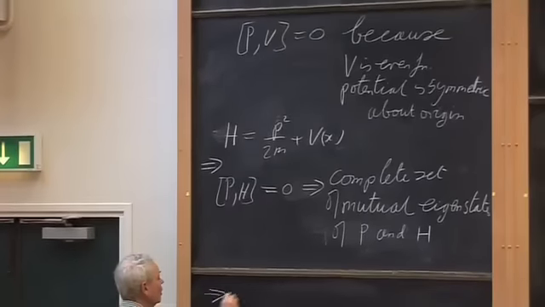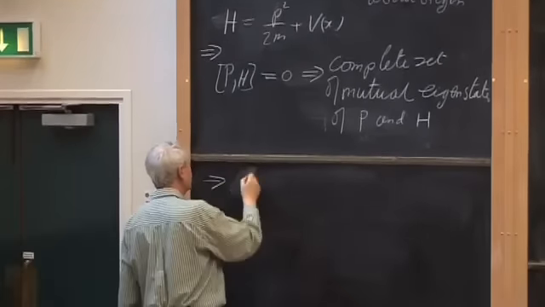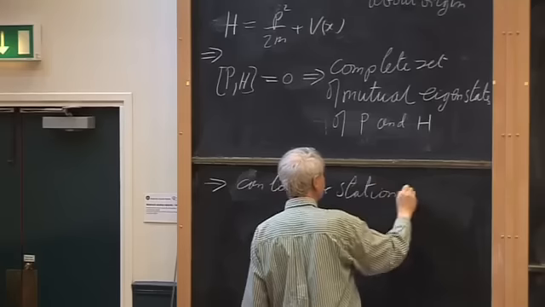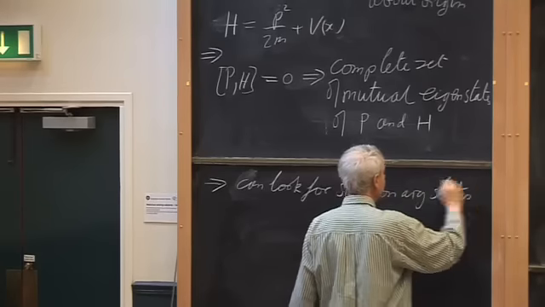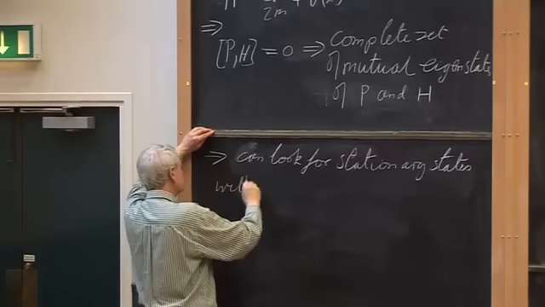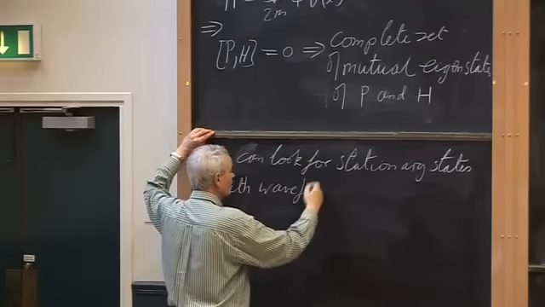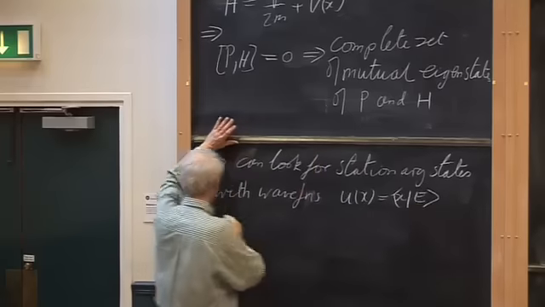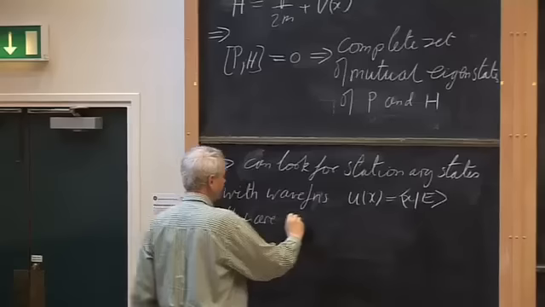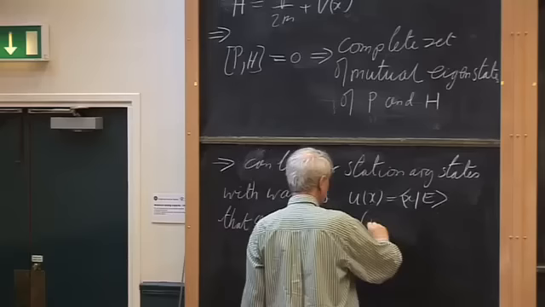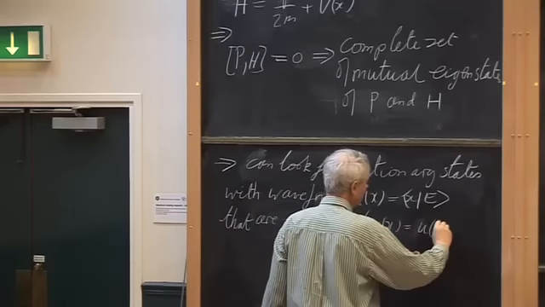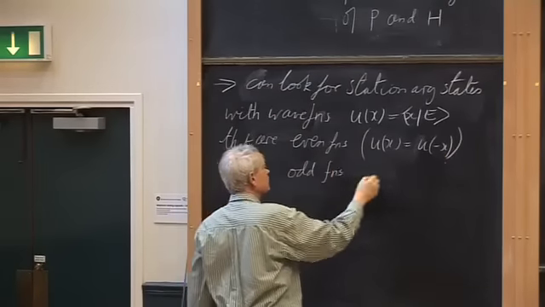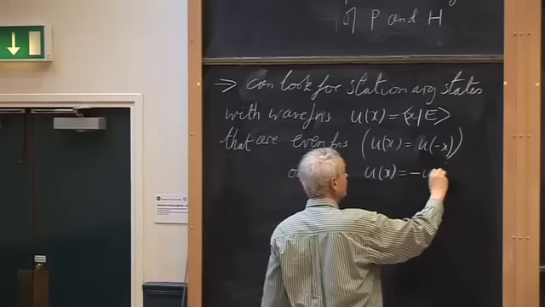So what this means is we can insist, or we can look for, stationary states with wave functions u of x that are either even functions, u of x equals u of minus x, or odd functions, i.e. u of x is minus u of minus x.